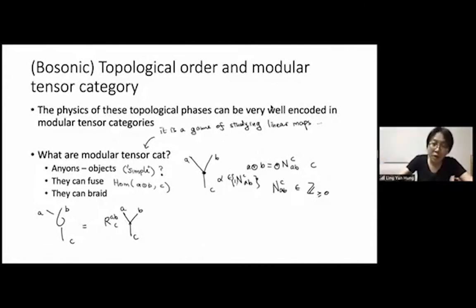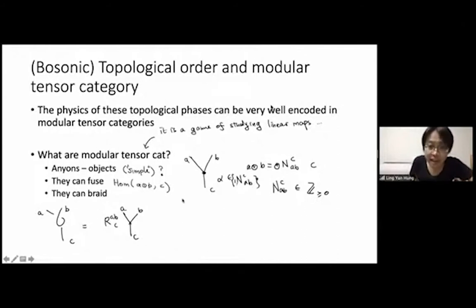In general, these fused anyons can be decomposed in terms of the simple basic species that are already in the theory, if it is a rational theory. And so in general, there would be a linear map, which the mathematics literature calls a homomorphism, but it really just means a linear map in Hilbert space between the space where there are two anyons, A and B, and the anyon C.